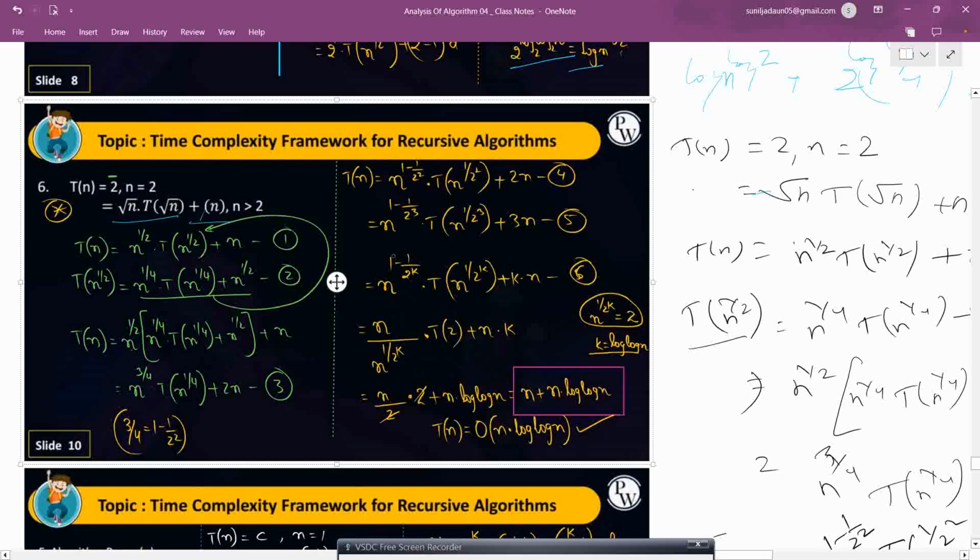Okay, then order 1 upon. So it is solved here only, right? It was n, I think. Is it n? 2.